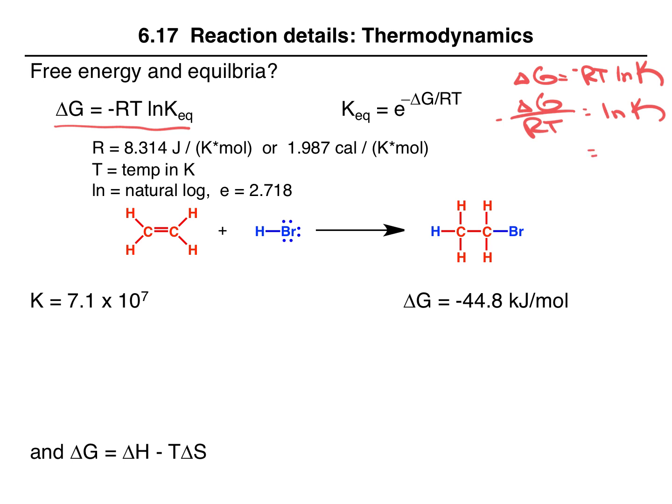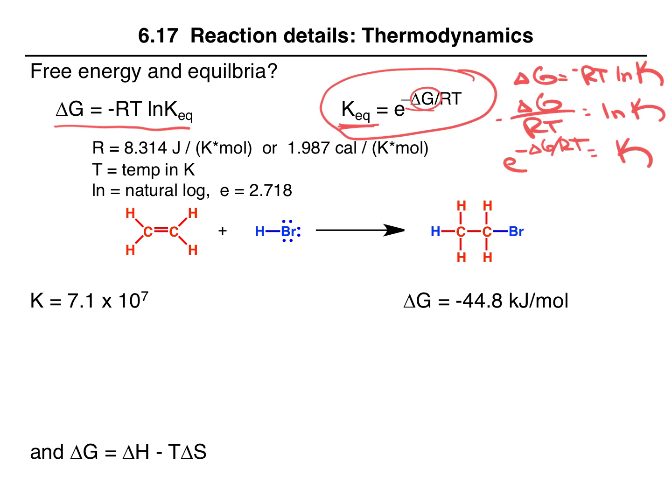The inverse natural log of the right side just gives us K. The inverse of the natural log of the left side gives us e raised to the power of negative delta G over RT. So that gives us this equation over here. From this, you can see that the equilibrium constant, which we already defined as the concentration of the products divided by the concentration of reactants, can be calculated based on the delta G.